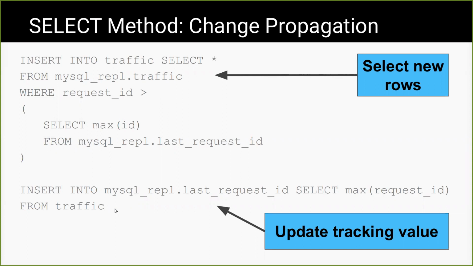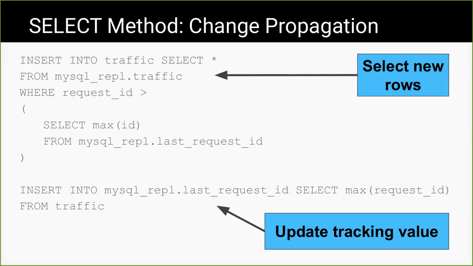We have the traffic table that we want to propagate data into, and we're going to run an insert into that table, which is a select from the traffic table that we can see through the MySQL database engine. We're basically just going to look for everything where the request ID is greater than the request ID in that last request ID table.